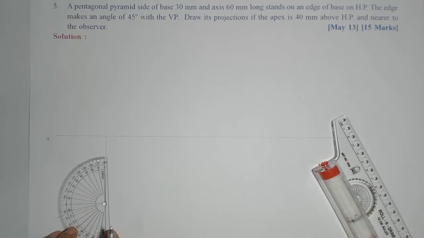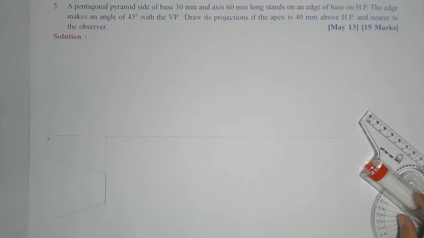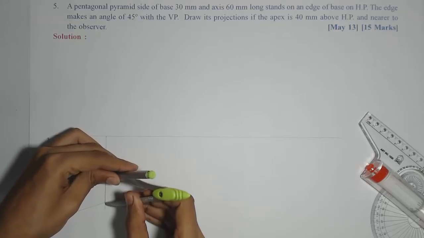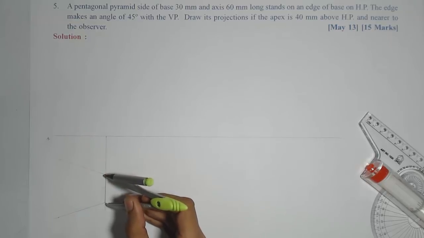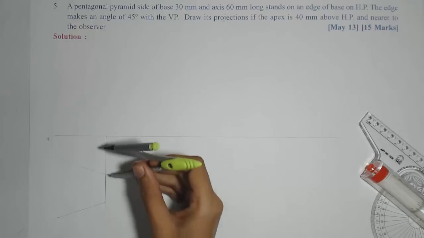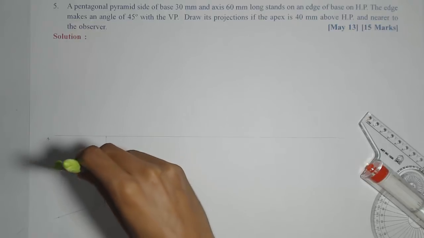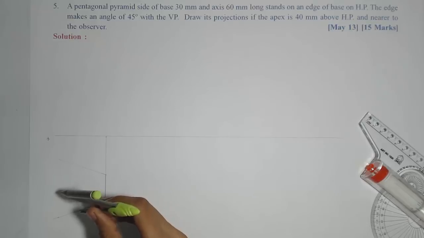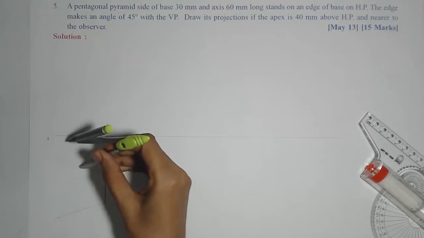To verify this angle again. Yeah, it's right. So on that we are going to mark that 30 mm length again. Then completing the remaining 2 edges.